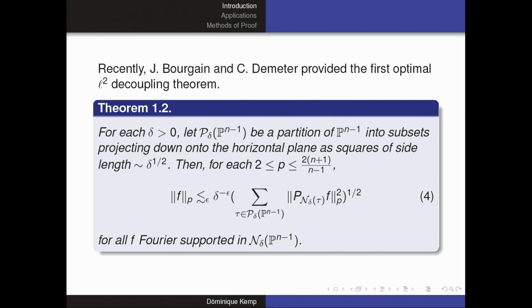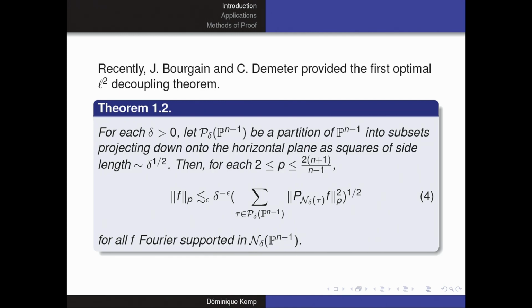So now, what is this theorem telling us? Well, if we just stick with n equals 2, so the parabola, not paraboloid, you take the parabola and you restrict it to the interval -1 to 1, let's say. It just has to be a compact interval. We can take -1 to 1. And now you want to divide it into subintervals of length delta to the 1/2. That's what I have on the slide.